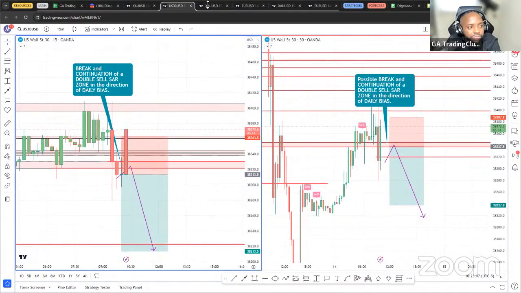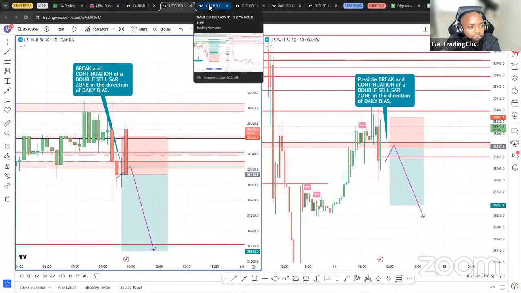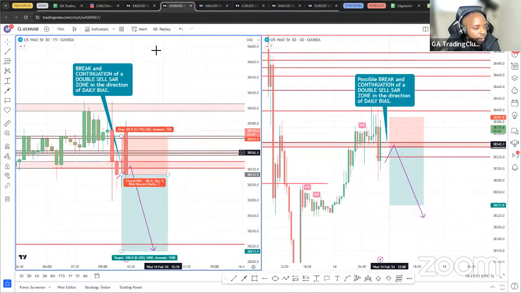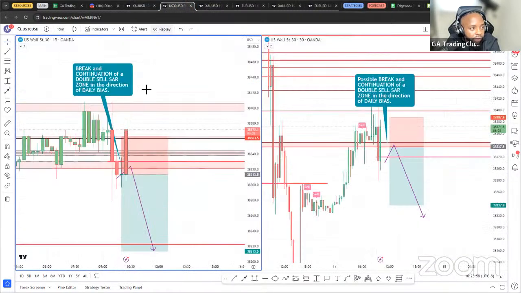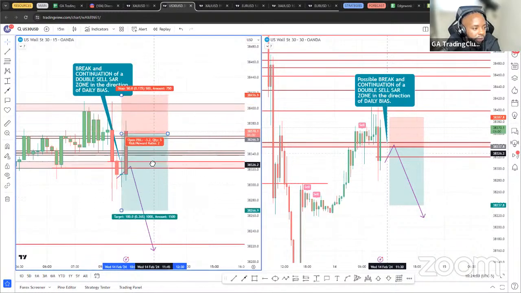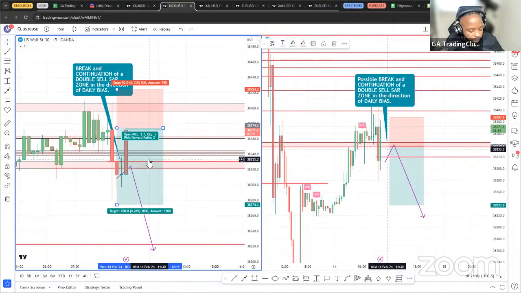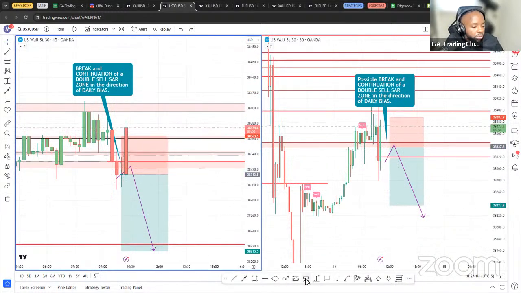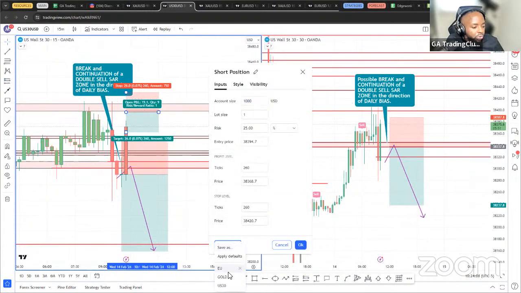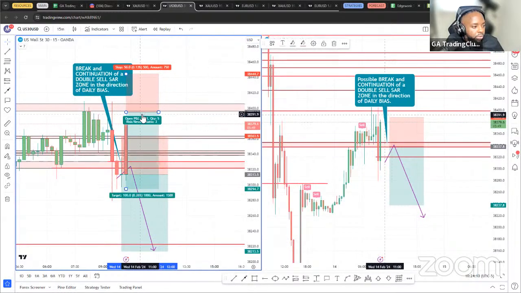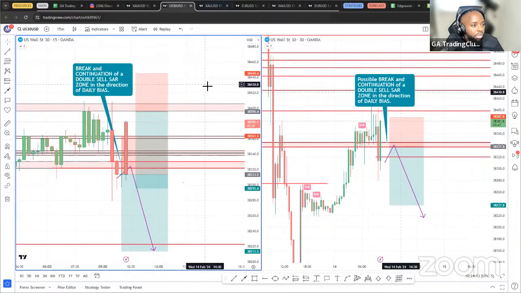But at this point, I have room for just one more trade because I normally do two trades a day, or max two trades a day. So I have to choose between this possible US 30 setup up here and that gold trade setup based off of the bullish low.